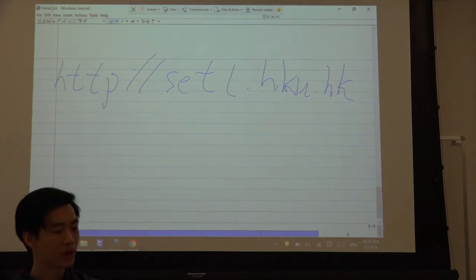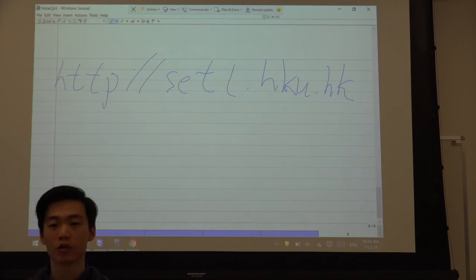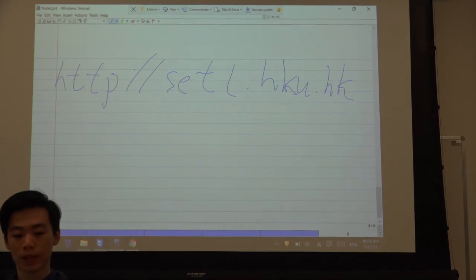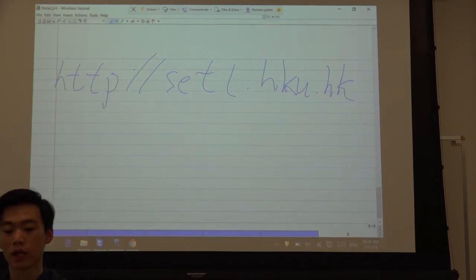On behalf of the department, I'd like to make the following announcement. Please go to the web link http://setl.hku.hk, where you should see a list of all forms that you need to complete. Your evaluation will be saved anonymously without any identification.